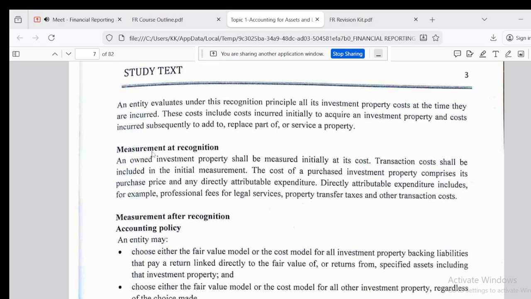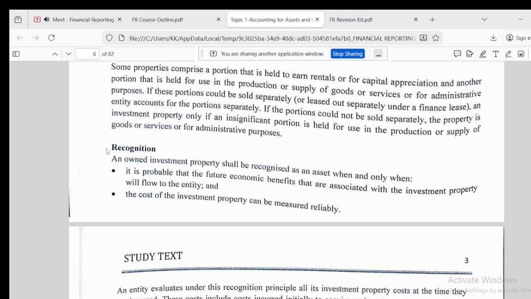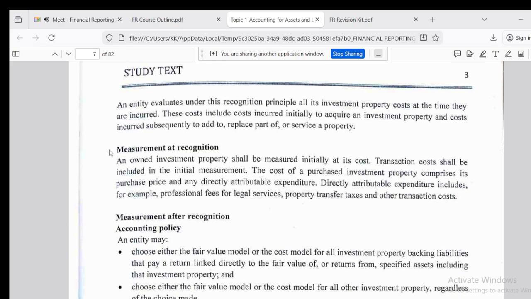So recognition, write 1, then measurement at recognition, write 2.